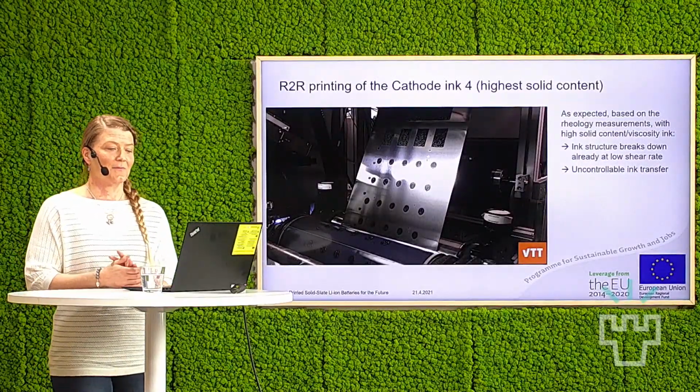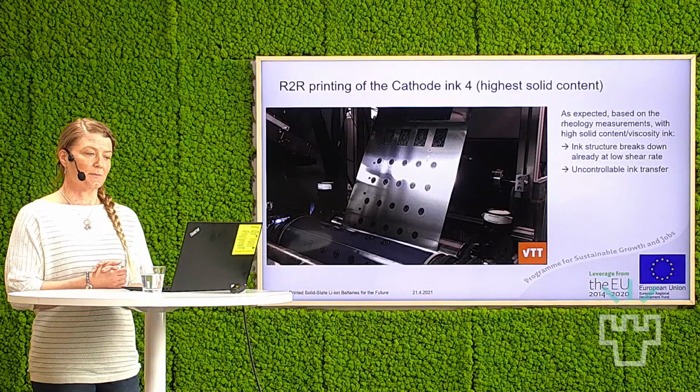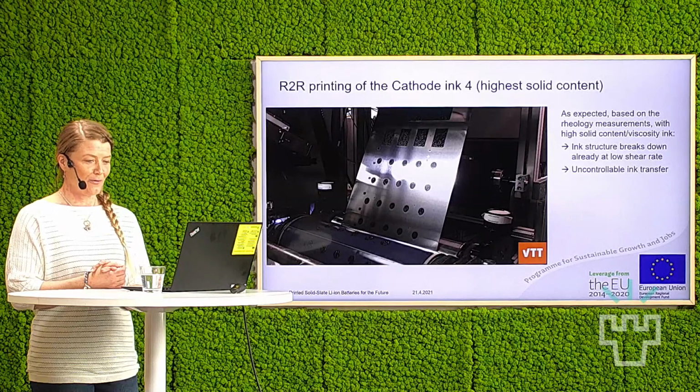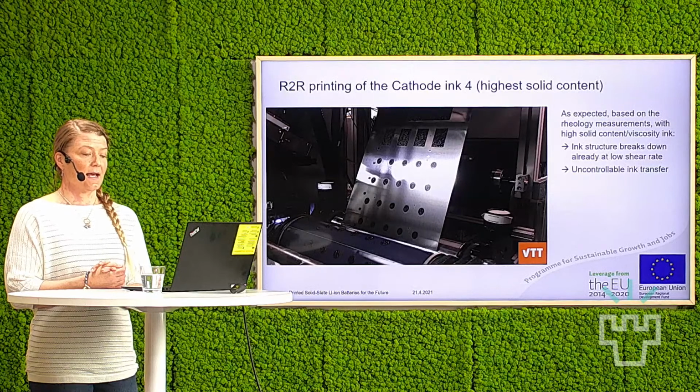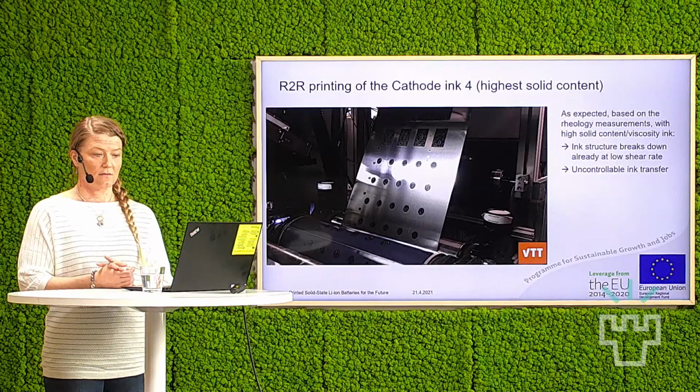So from this video, as we already suspected from these rheology measurements, you can see that the printing quality or the quality of the printed pattern is far from perfect. The ink structure breaks down already at the low shear rate, low printing speed, resulting in an uncontrollable ink transfer and a very porous printed layer.